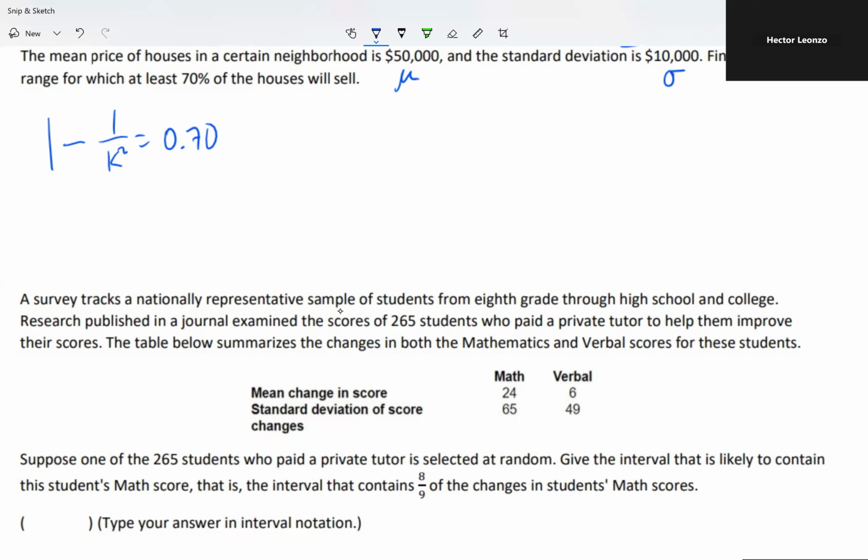Let me subtract 1 from each side, so this cancels out. So I have negative 1 over k squared equal to negative 0.3. If I multiply both sides by negative 1, the negatives cancel out.